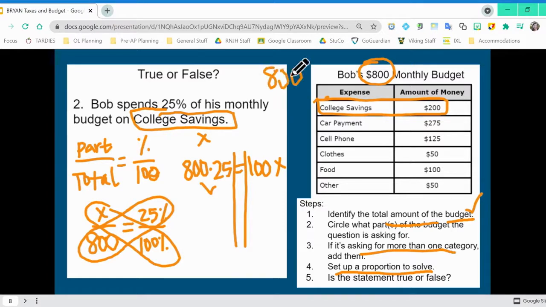So if I do 800 times 25, running out of space, I'm going to add it down here.